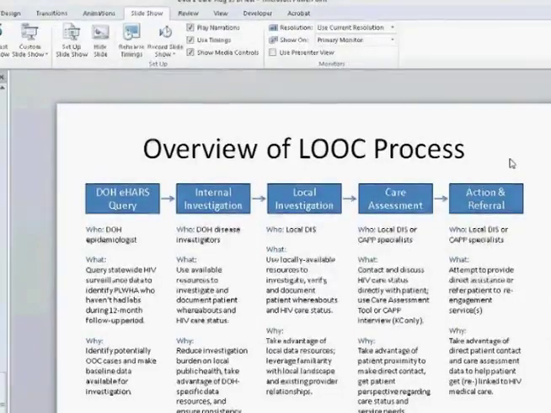Community-based organizations, their concerns were, they're moving from a more process-oriented behavioral intervention model to something where they're really accountable for outcomes.